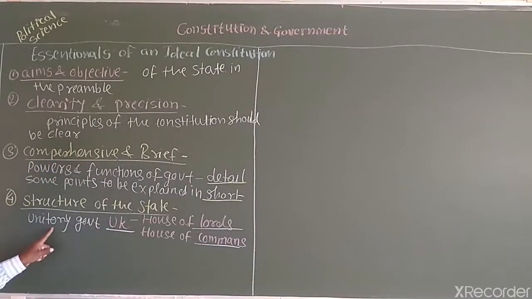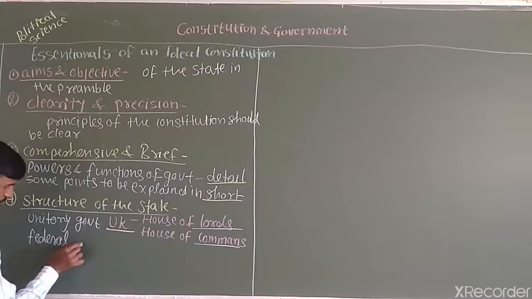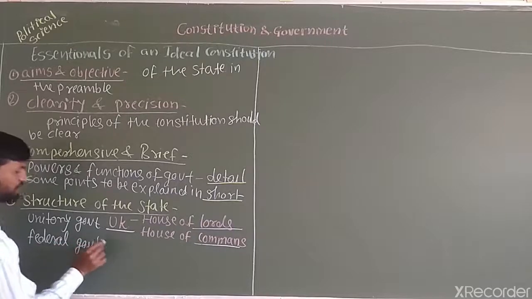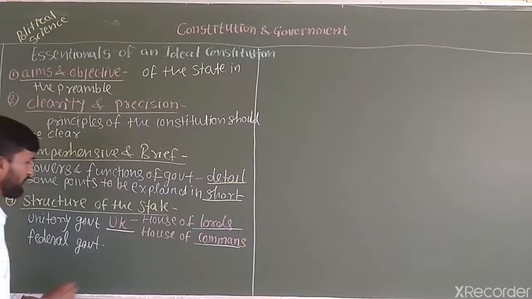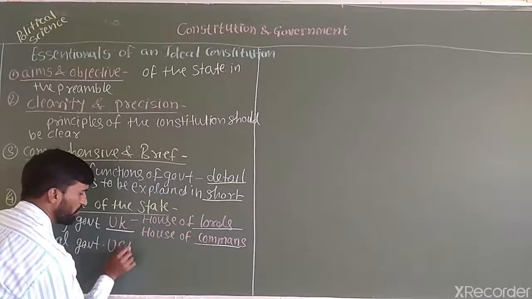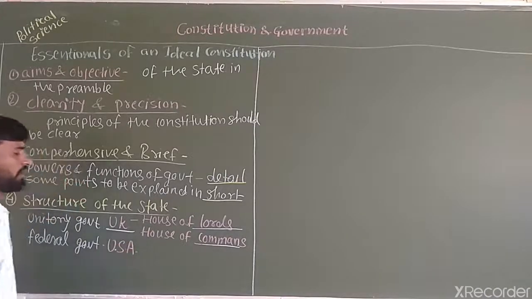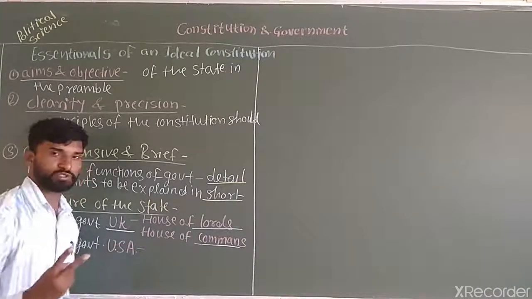The UK is following unitary government. And for federal government, we can give the best example, that is USA, United States of America. It also consists of two houses.